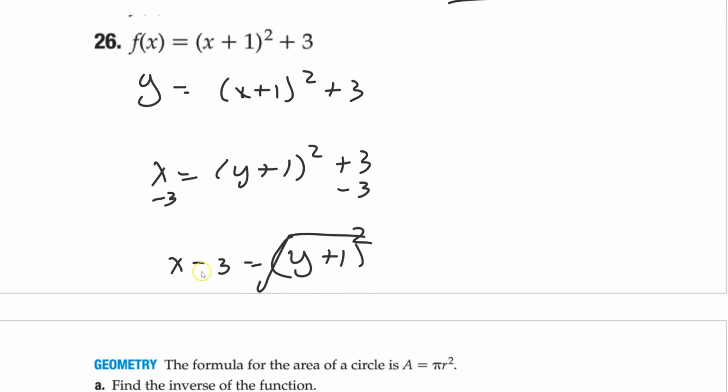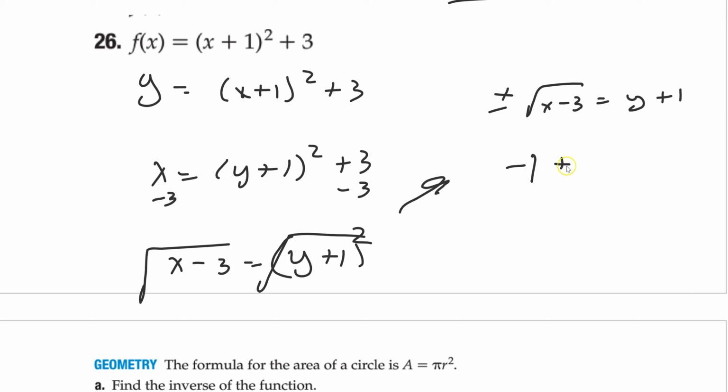Then we're going to square root it. Plus or minus the square root of x minus 3 equals y plus 1. Then subtract 1. So negative 1 plus or minus the square root of x minus 3 equals y. Or we could change that to f inverse.